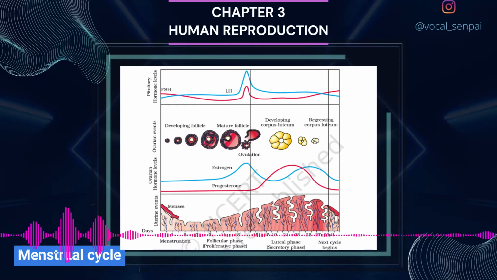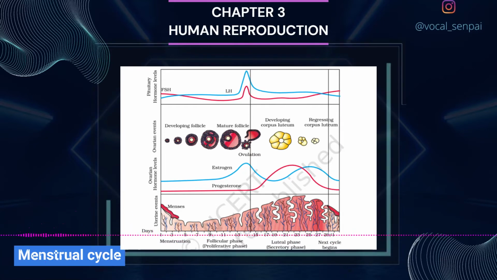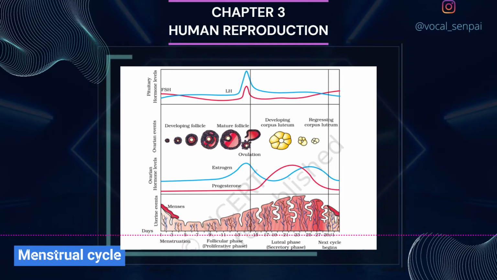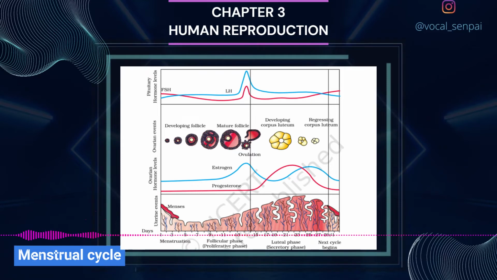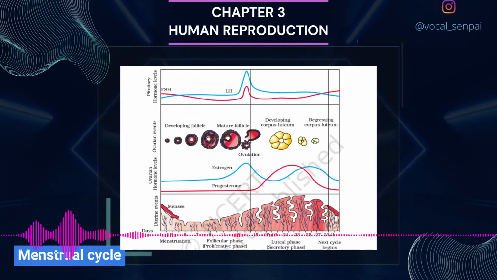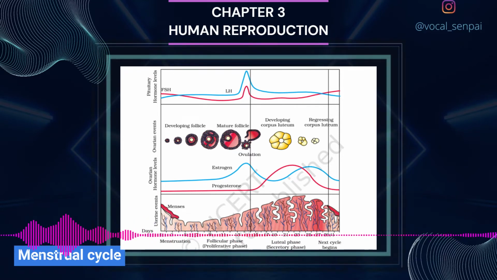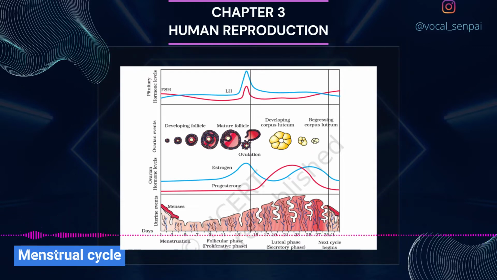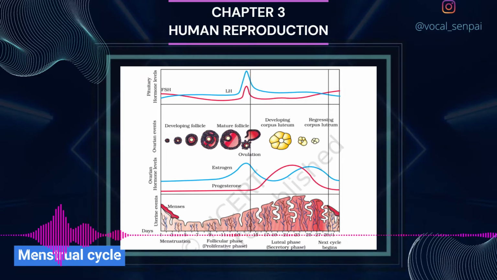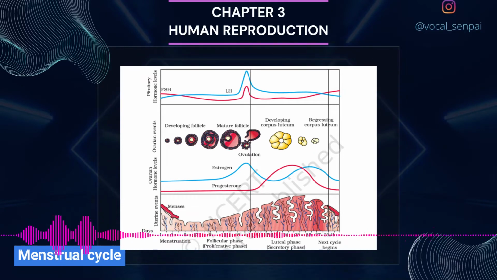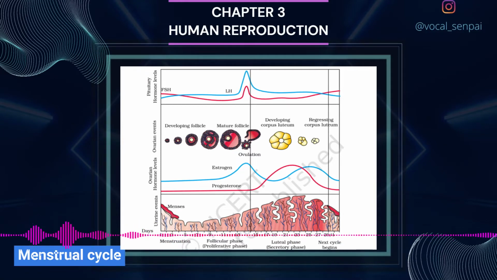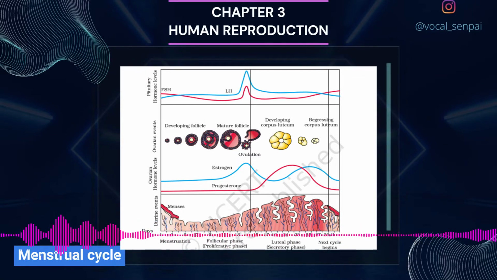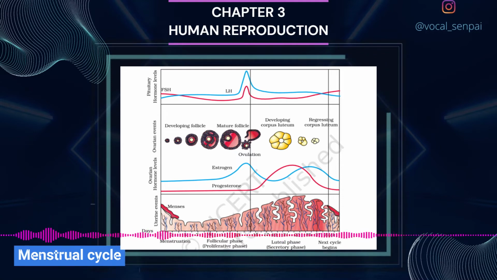The menstrual phase is followed by the follicular phase. During this phase, the primary follicles in the ovary grow to become a fully mature Graafian follicle, and simultaneously the endometrium of uterus regenerates through proliferation. These changes in the ovary and the uterus are induced by changes in the levels of pituitary and ovarian hormones, figure 3.9.